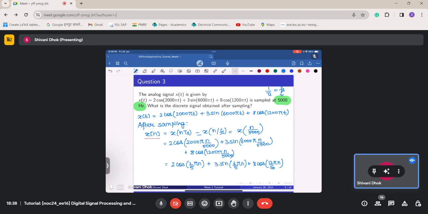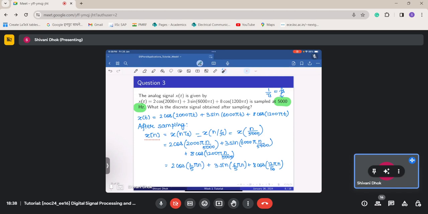Okay, if there is no question, I'll ask one question to you people. If I want to reconstruct back x(t) from this particular x[n], is it possible?